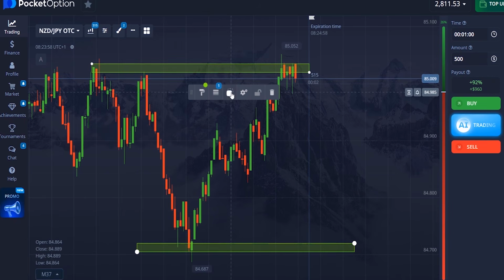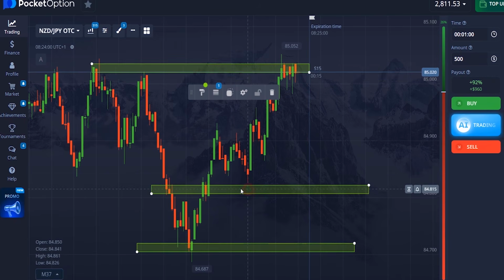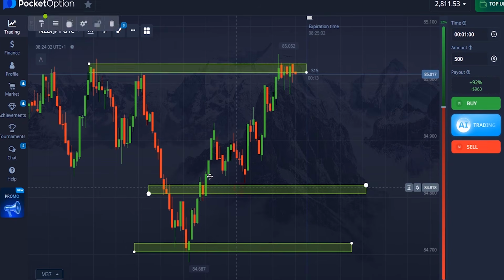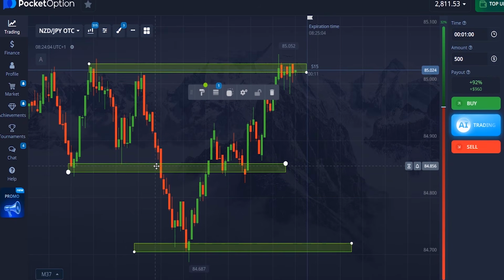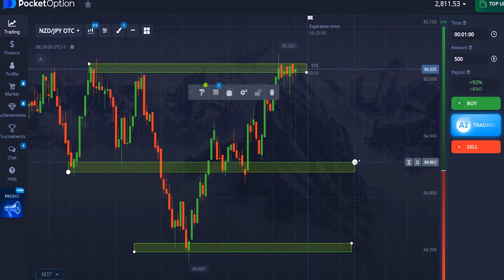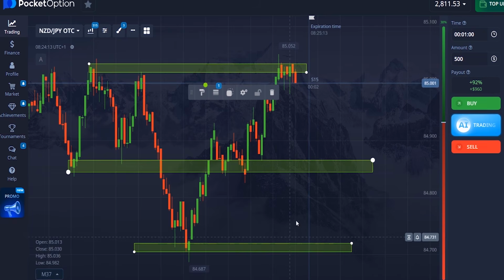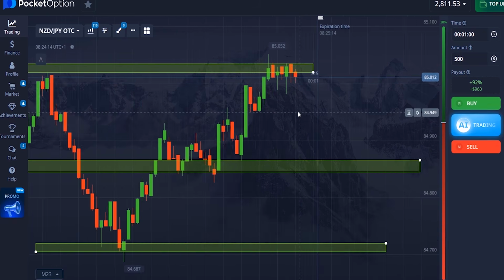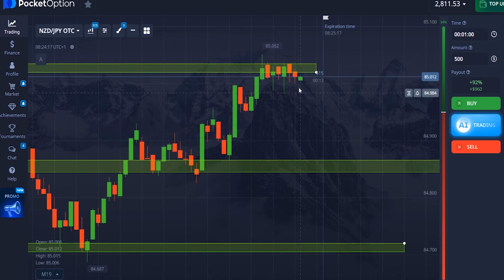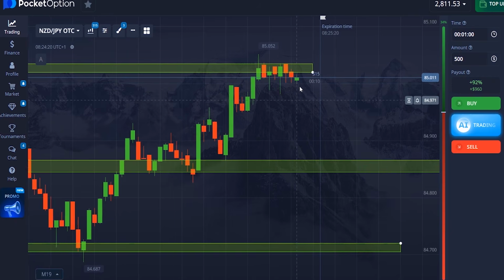Right here, I have a series of support areas, because this area also serves as another support zone. So basically, the market can either bounce from here towards an upside direction or even move down to this particular point. So I want a strong candlestick or a consistent candlestick lining up.